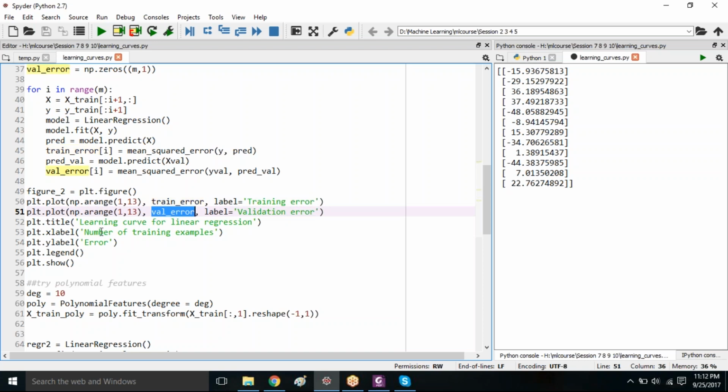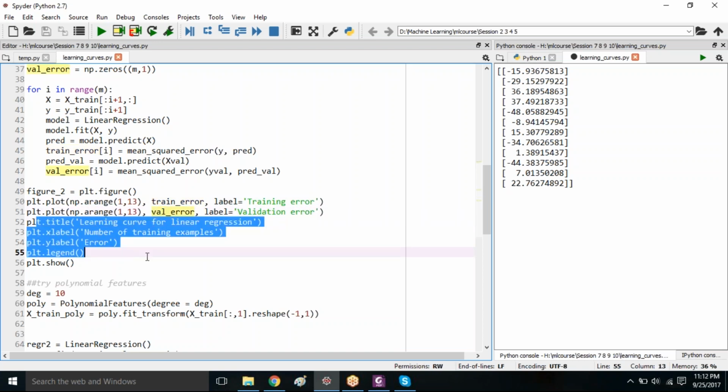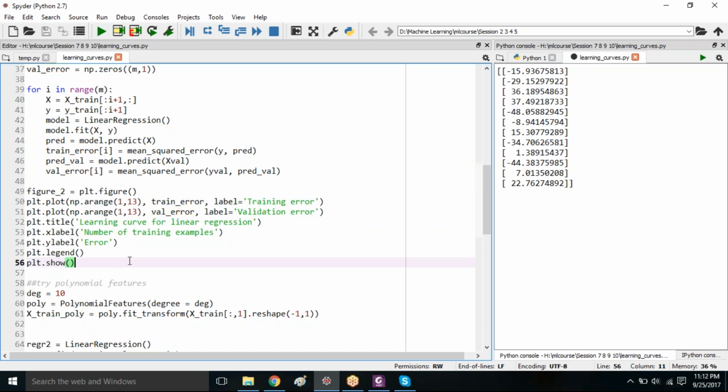So that you validate, whatever x, y, label, legend, all those things you can do. I mean plotting, you can search on the net. Whenever you are thinking about plotting, there are a lot of things in plotting. Every time you cannot go and read everything on plotting in Matplotlib.